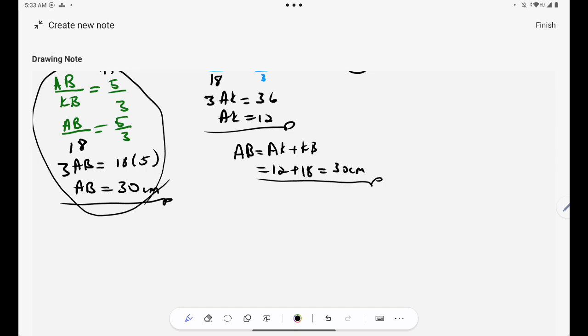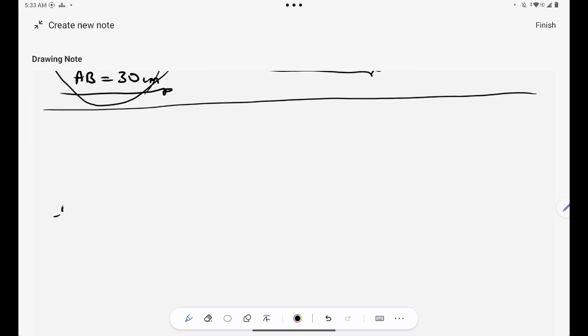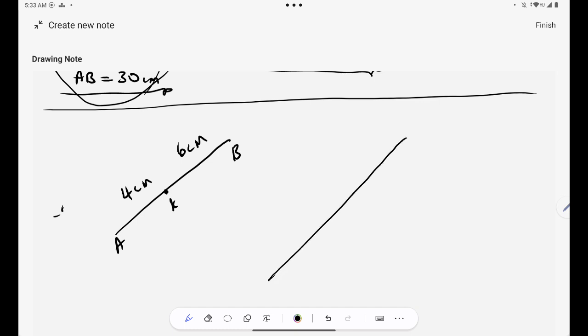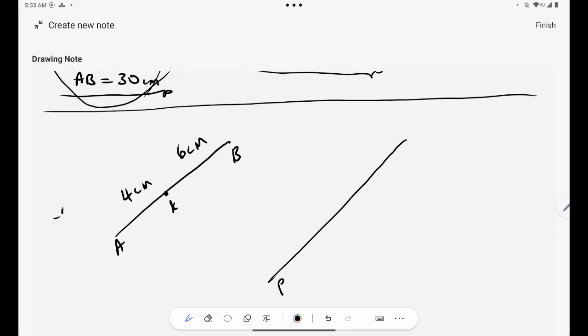Okay, if two lines, guys, have the same ratio, if we have two lines here like this, we have line A, B, and K. Maybe this line is divided in such a way whereby this is 4 centimeters, this is 6 centimeters, and another line P, Q, and M here.